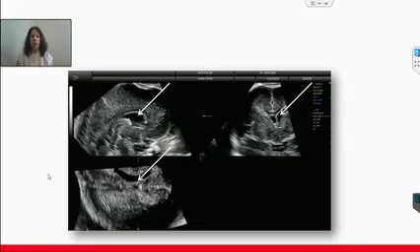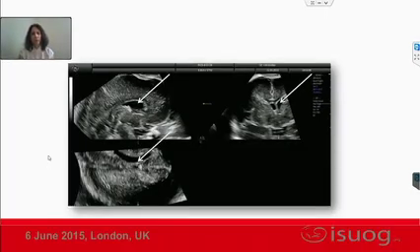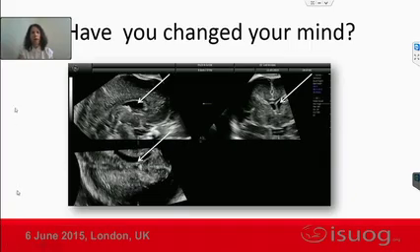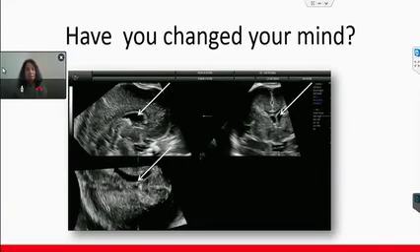So now you can see the multiplanar image. I just emphasized the dot of interest so you can see it, because it's very small. Have you changed your mind? Okay, let's look at it together.